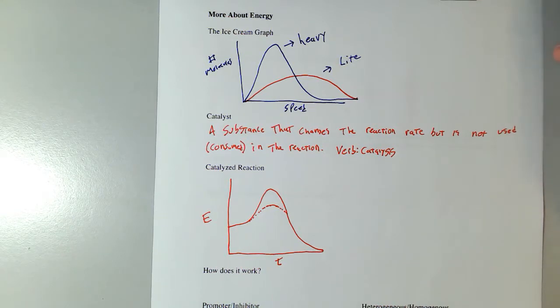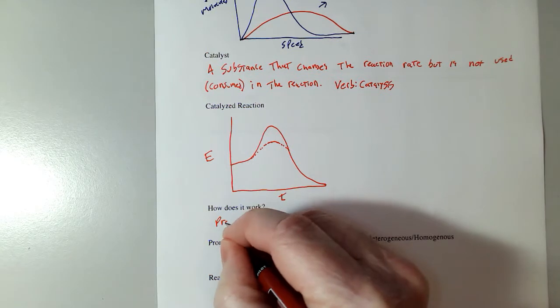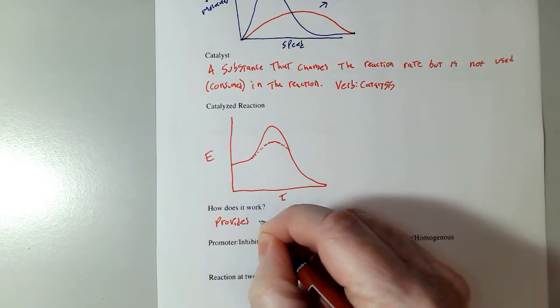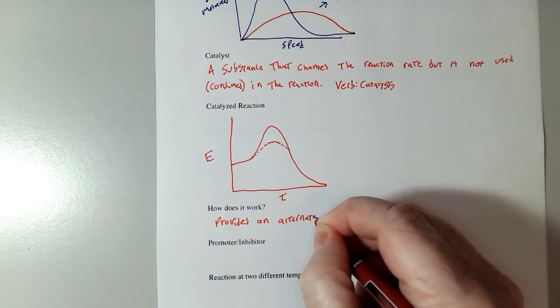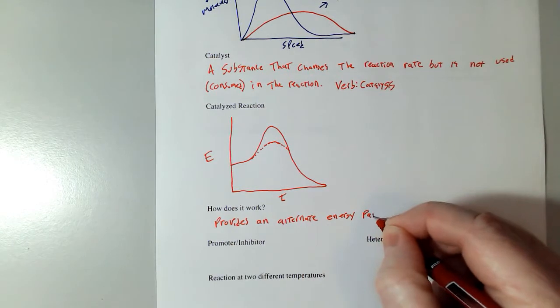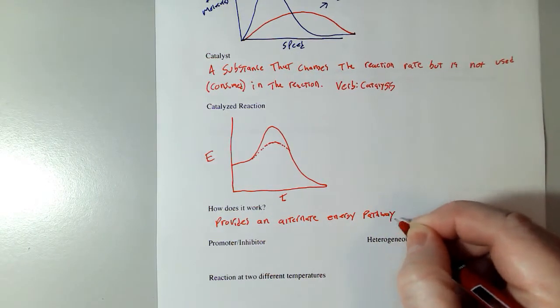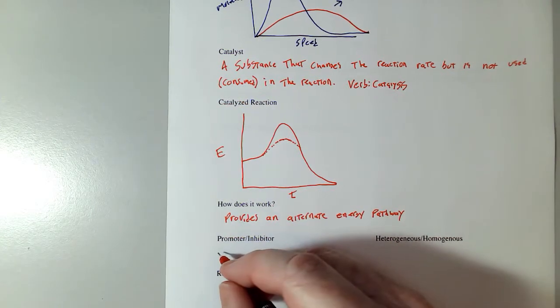So let's say it provides an alternate energy pathway. Promoters versus inhibitors.